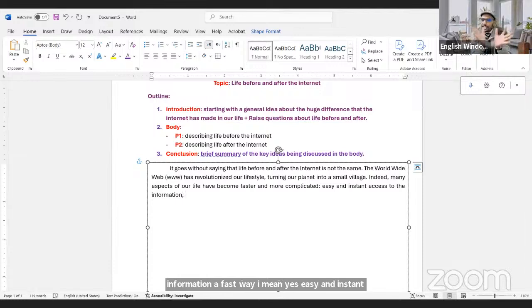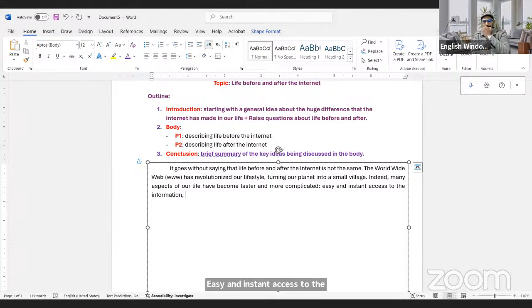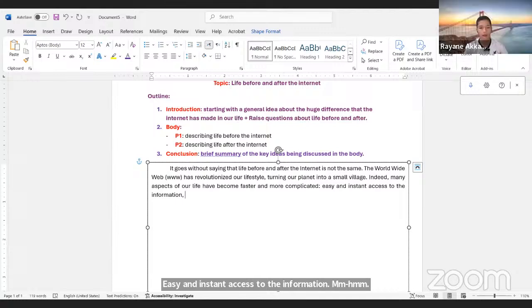What else? We're just summarizing in the body. We're going to discuss these points in detail, before and after the internet. Easy and instant access to the information. Then, making our life, with this internet revolution, way easier.